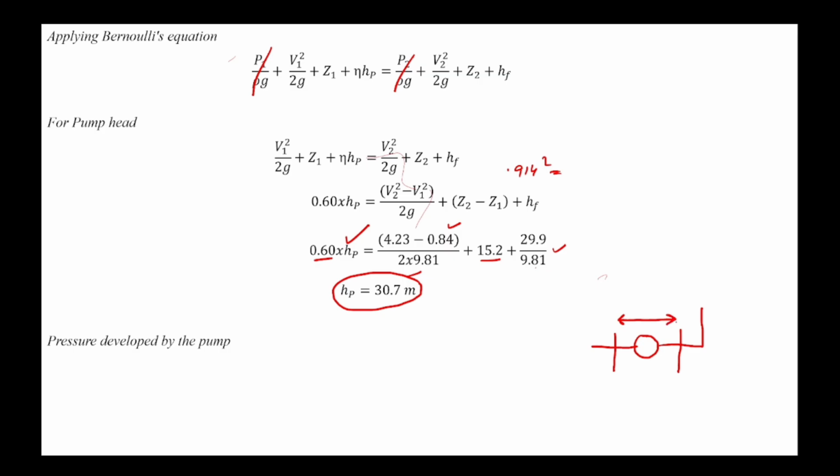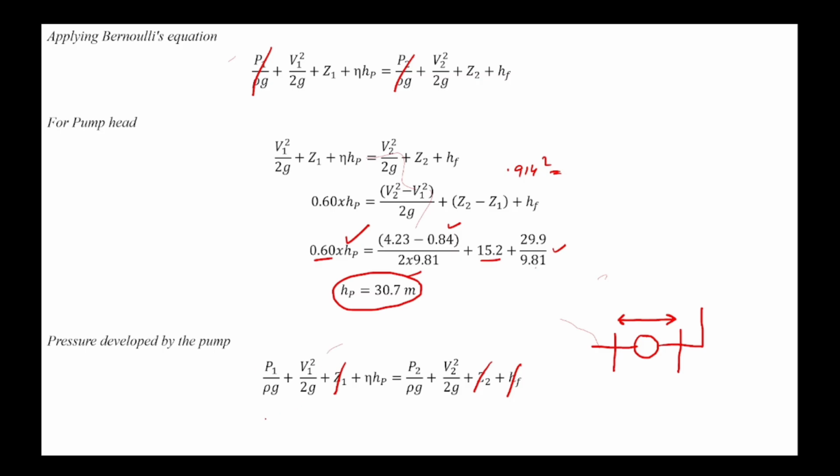So always remember. So applying the Bernoulli equation, see, in this equation, Z1 and Z2 will be equal in this portion. Since this portion is very small, we will not consider the head loss. We have to calculate P2 minus P1.